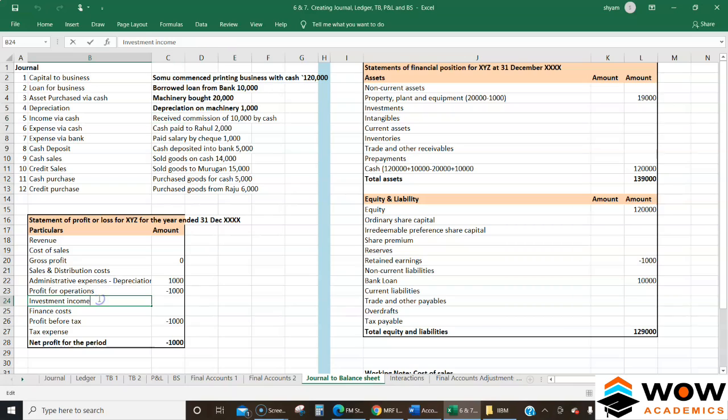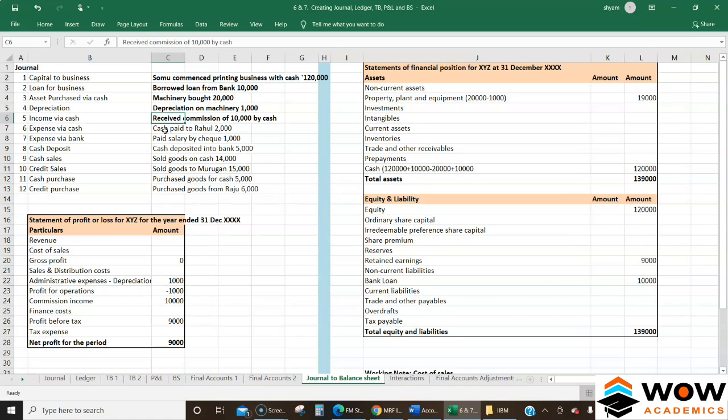So we'll put it as commission income here. Commission income is 10,000. Immediately you can see this 10,000 shows the net profit as 9,000, and this 9,000 is added to the retained earnings, and thereby the balance sheet again gets tallied. So the fifth item is over.